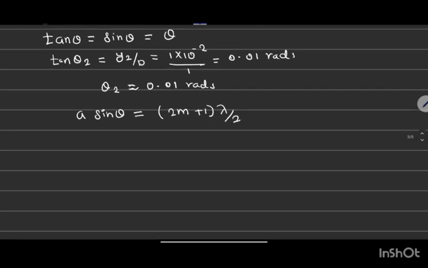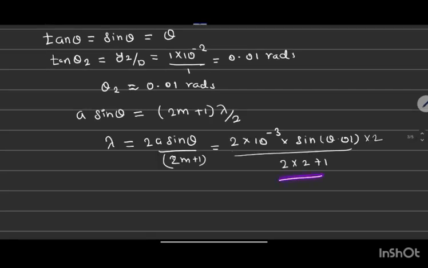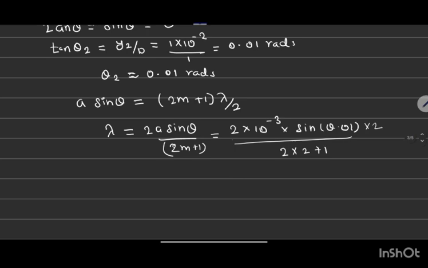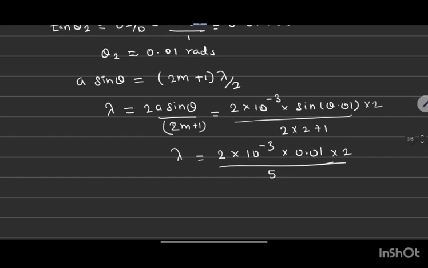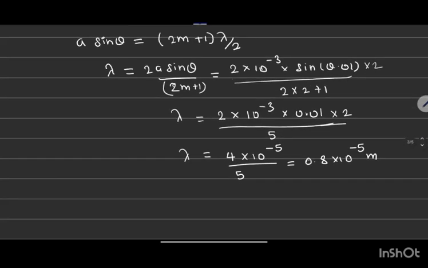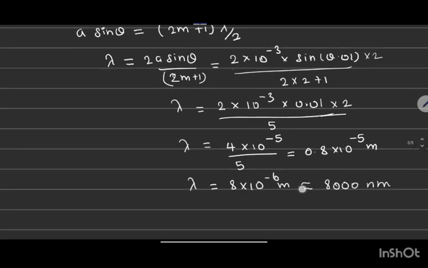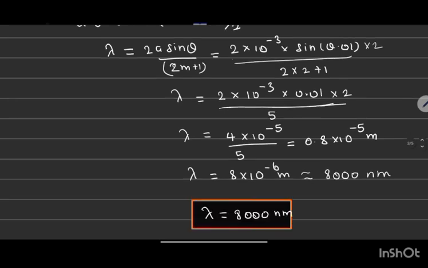Rearranging this equation for lambda we get this, and putting all the known values, we get lambda. This is just a simple calculation you have to do, and it turns out that lambda is 8000 nanometer, which is much larger. So as per the given values, the lambda is coming as this much.